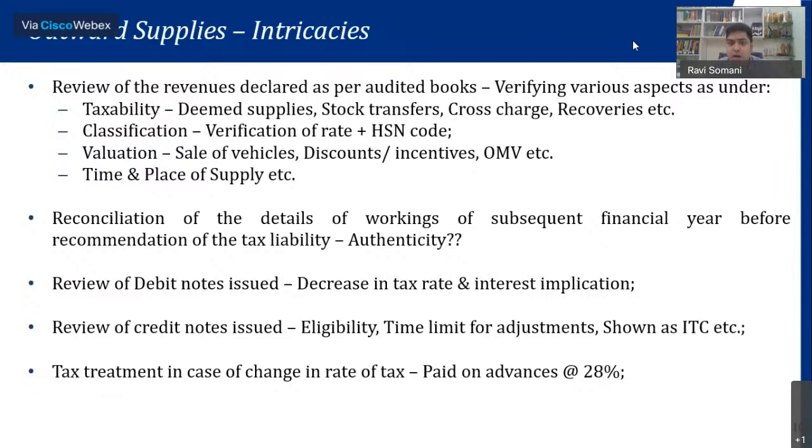Very, very important. Of course, I would like to mention that there is recently an advance ruling in the case of Tata Motors, where they have mentioned that transportation recovery is not liable for GST. I'm very happy that this ruling has come. And if you ask me, this could possibly be an interpretation which the High Court can also take, especially in cases where the recoveries are from employees, because ultimately it is an integrated part of CTC.